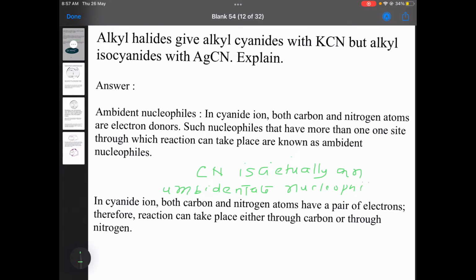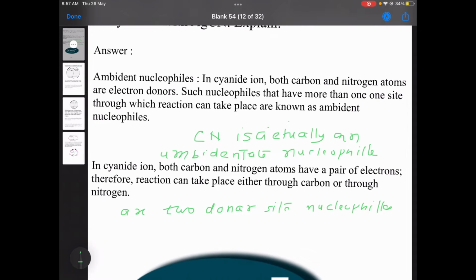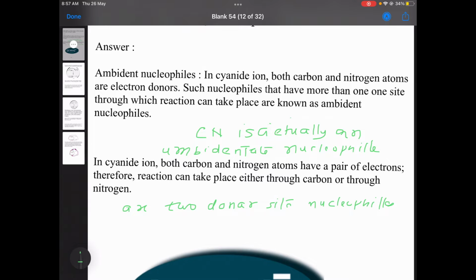Now, what is an ambidentate nucleophile? Ambidentate nucleophiles are two donor site nucleophiles. That is, in a cyanide ion, both carbon and nitrogen atoms are electron donors.